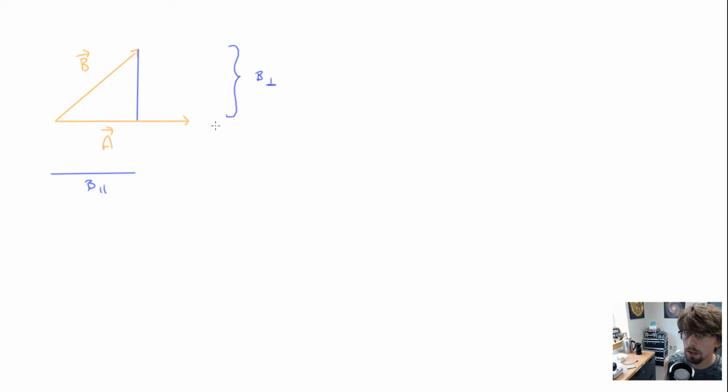So now what the cross product does is it finds the perpendicular components and multiplies them. So if we're dealing with this, we see that perpendicular component, B perpendicular times A. That's what the cross product's going to give us.